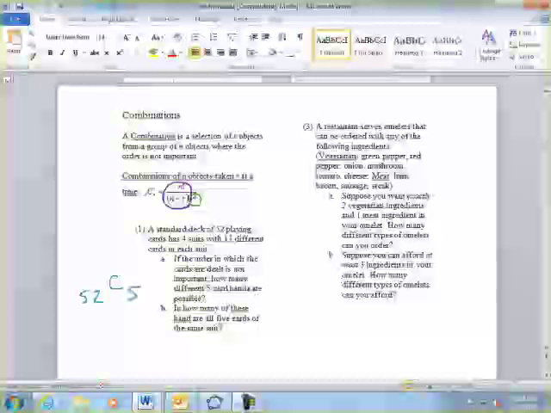There wasn't a requirement here other than that we're using the standard deck. The second number is the number that we're picking. Then in your calculator, wherever you found your stuff yesterday, you can find this new option of combination. And we find that there are over 2.5 million different 5-card hands.